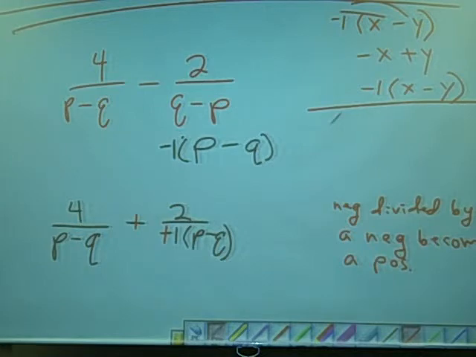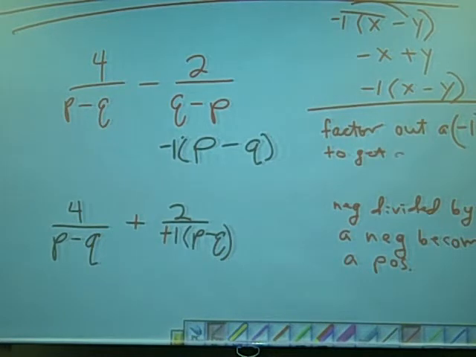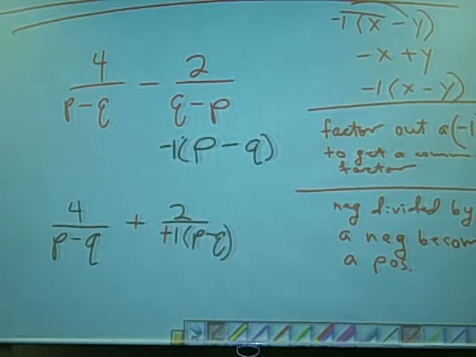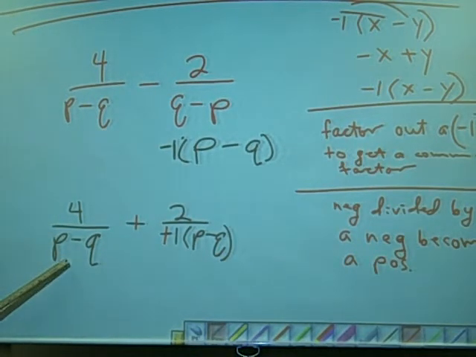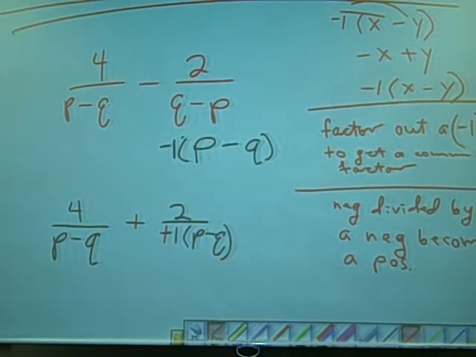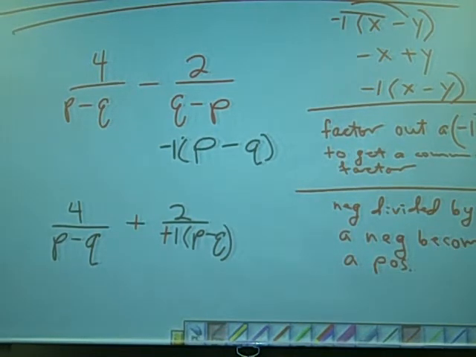Here we factor out a -1 to get a common factor. Another way you could do it is you could multiply -1 over -1 here, and that's another way you could do it. So we'll try it both ways to see which way you guys like it better.